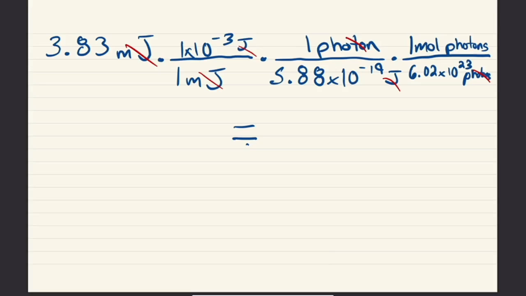And that would be 1.08 times 10 to the negative 8 moles of photons, okay? Or 10.8 nanomoles, depending on how you want to report that.